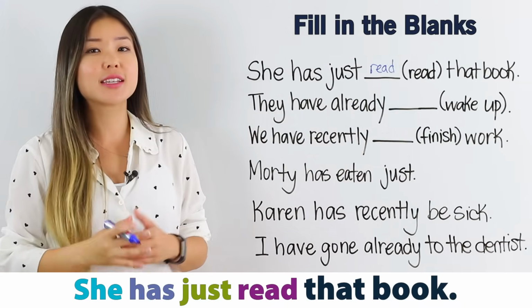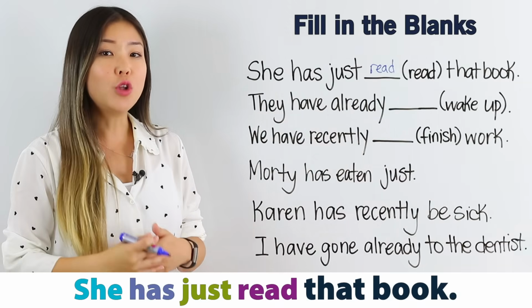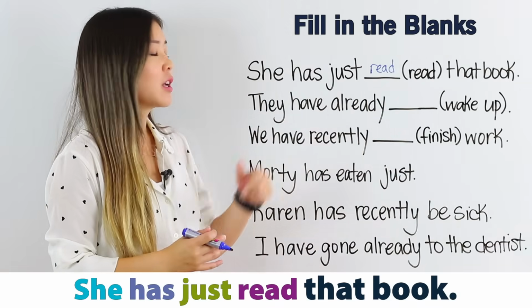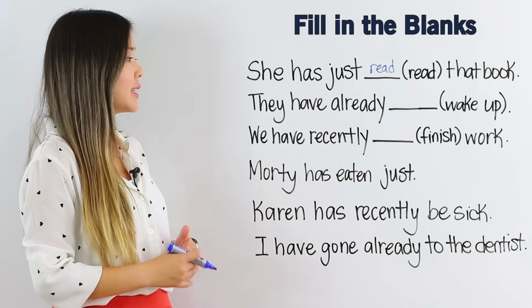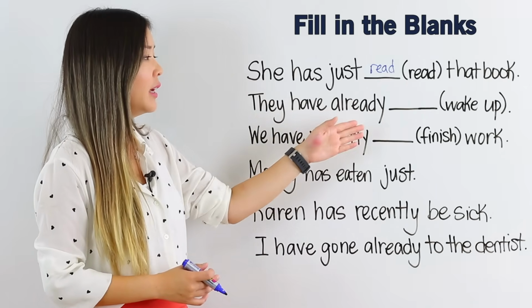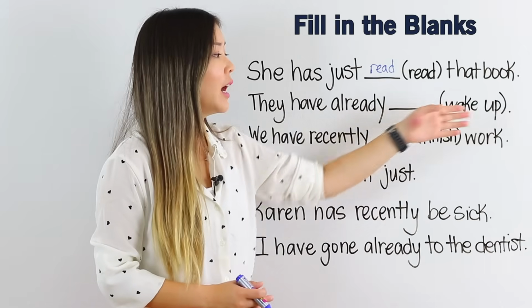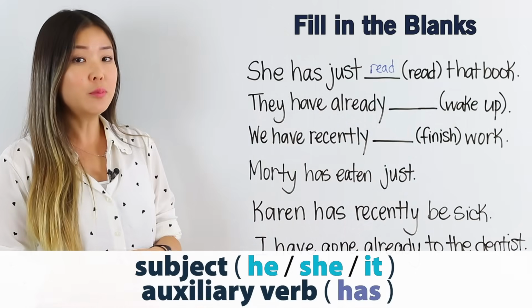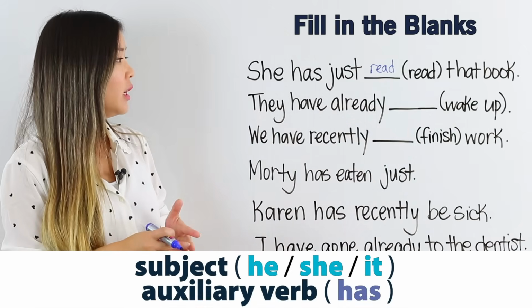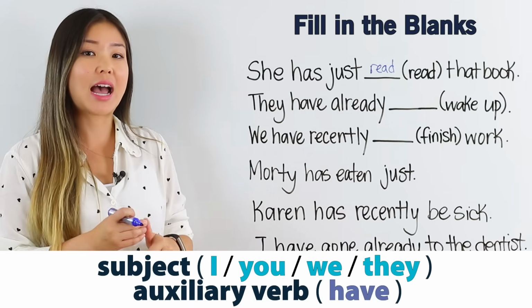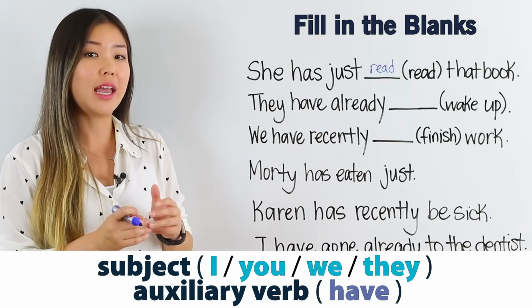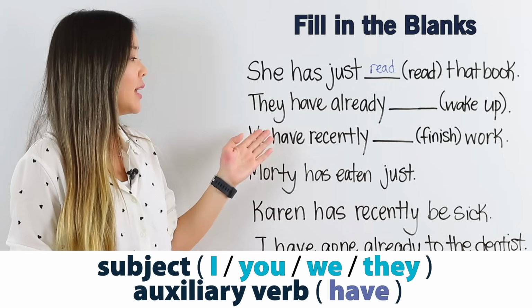She has just read that book. You'll notice I use the word just right before the past participle. Next, it says they have already, and the verb is wake up. If the subject is he, she, or it, we use has. But if the subject is I, you, we, or they, we use have. So that's correct.